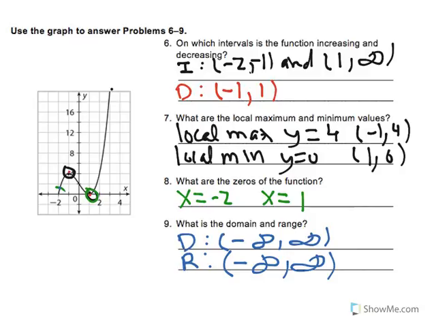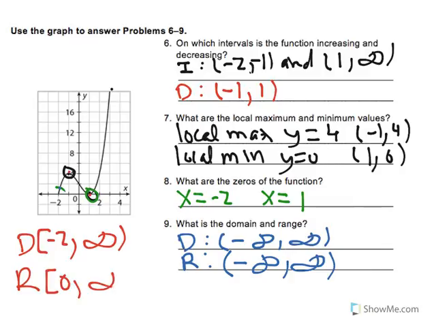So we say that the domain of the graph starts from -2 to positive infinity, and the range of this graph starts from 0 to positive infinity.